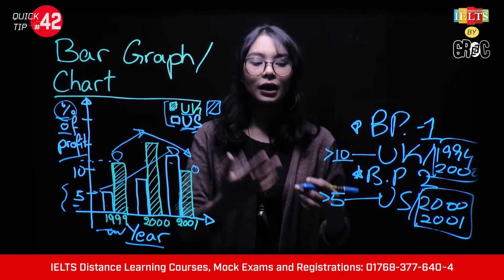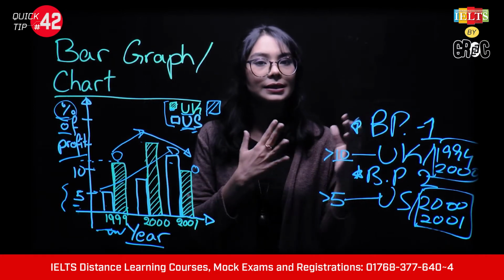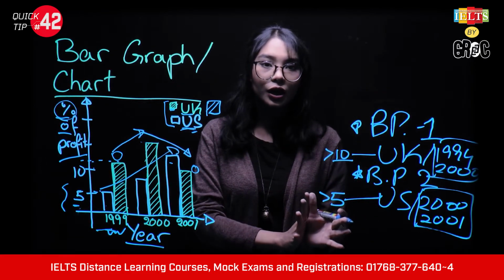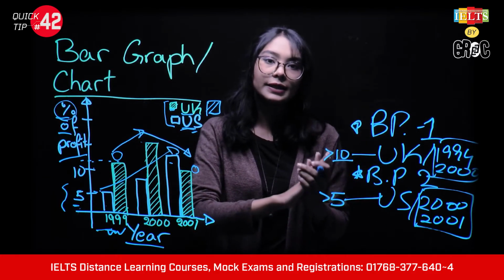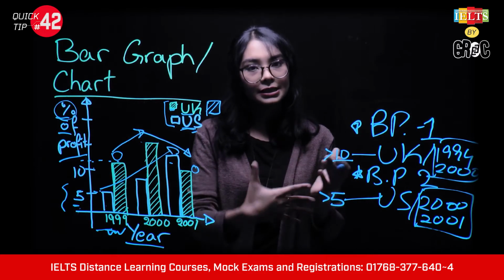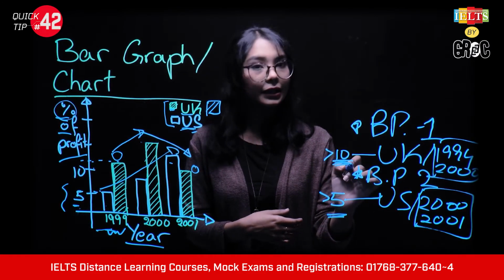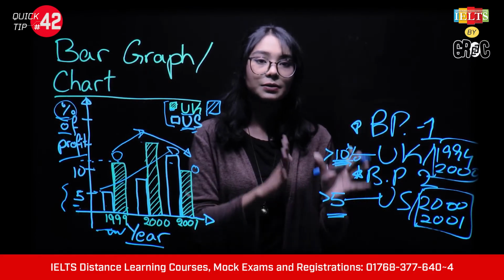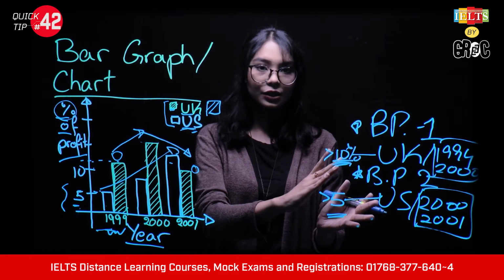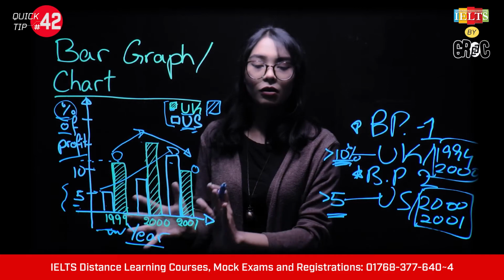Okay, and then slowly UK increased and then decreased, and US increased. All right, so whatever you give, divide your ideas into 2 body paragraphs as equally as possible, and whatever you present, give accurate data. For example, just writing 10 will not do, you have to give 10%.